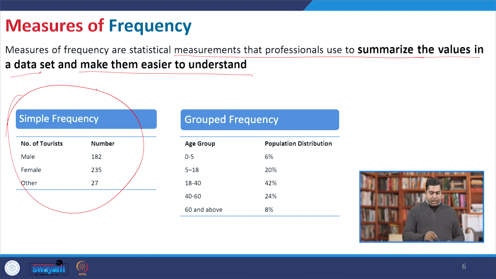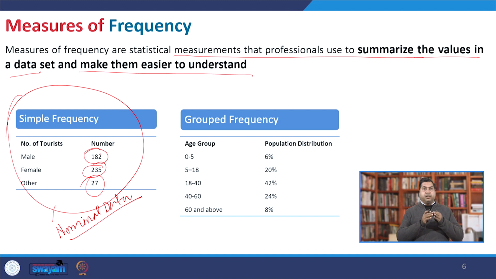It was found that 182 tourists are male, 235 female, and 27 in the other category. This is nominal data, where male, female and other do not have any value difference; they are just names. So, they are all categorical and nominal data.